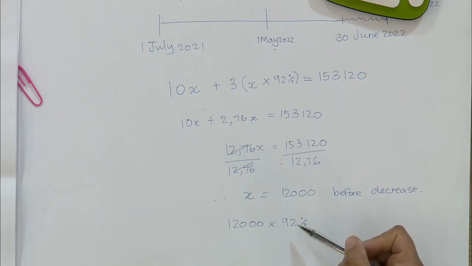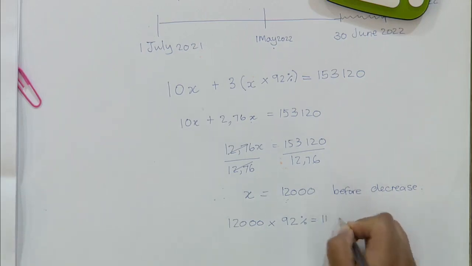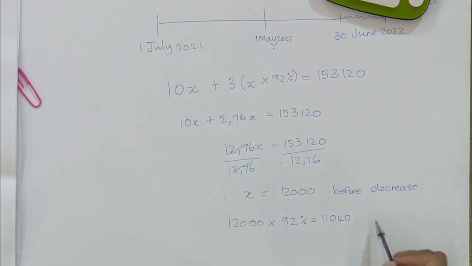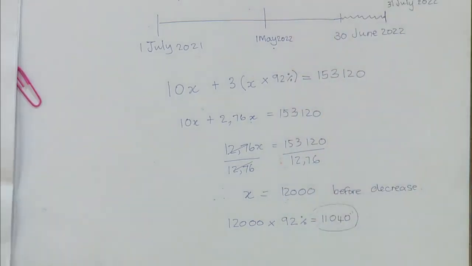We're going to say times 92%, and that gives you 11,040 Rand. So we know that the rental will decrease by this total over here, 11,040 Rand.